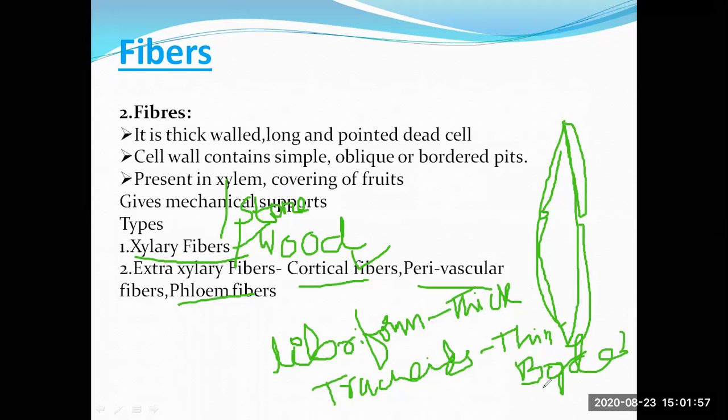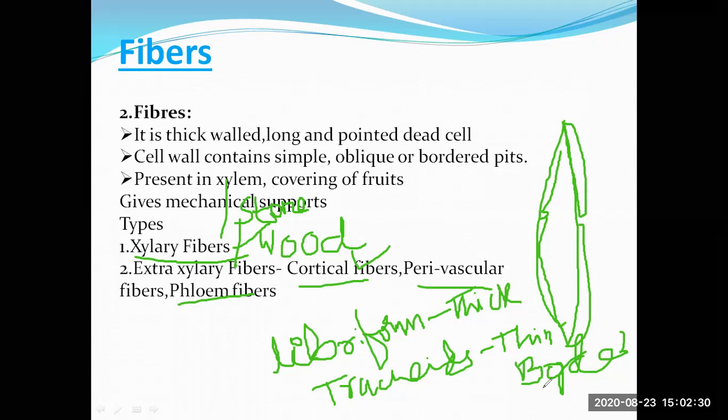Just remember, in certain dicotyledonous plants, gelatinous or mucilaginous fibers are also found, which are also xylary fibers, and which have a great capacity for water absorption. Such fibers have more alpha cellulose in their secondary walls than lignin.